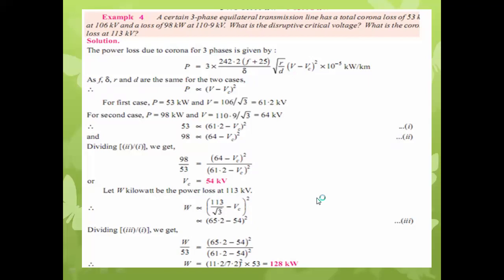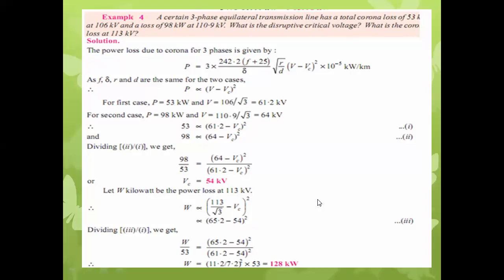So that 113 kilovolt should first of all be converted into a phase quantity. This is the line to line quantity, so it should be converted into a phase quantity. Let W be the power loss due to the corona discharge at 113 kilovolt. Vc is known to us.